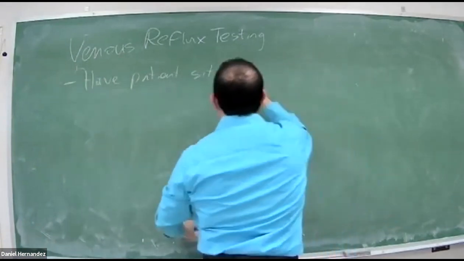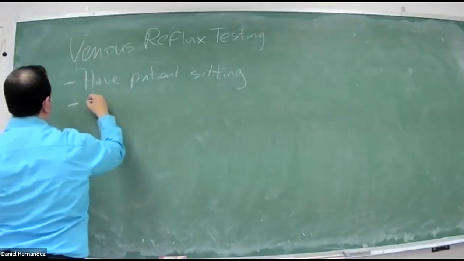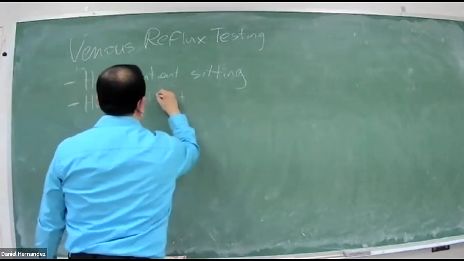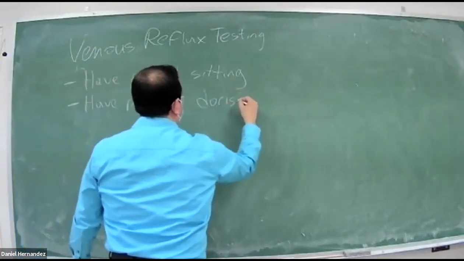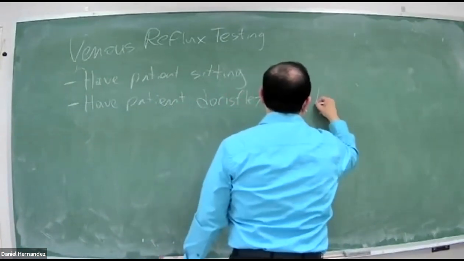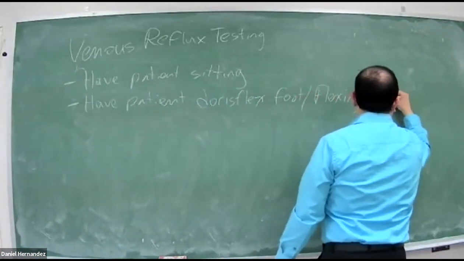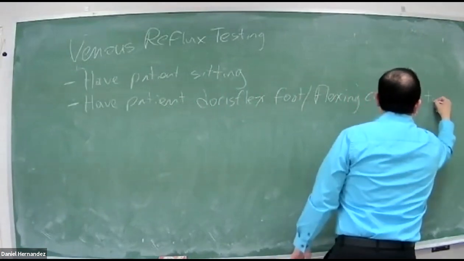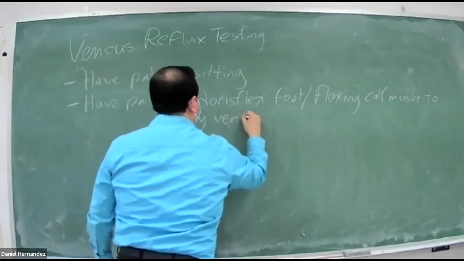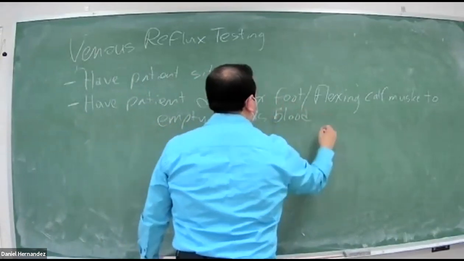Have the patient dorsiflex the foot, slash, you're flexing the calf muscle, to empty venous blood from the calf.